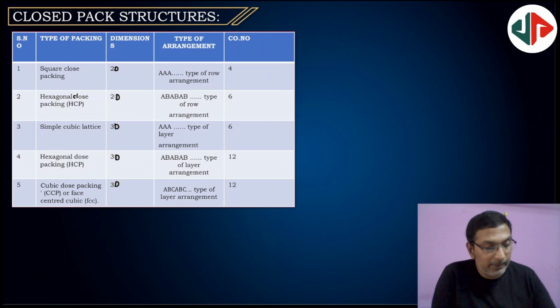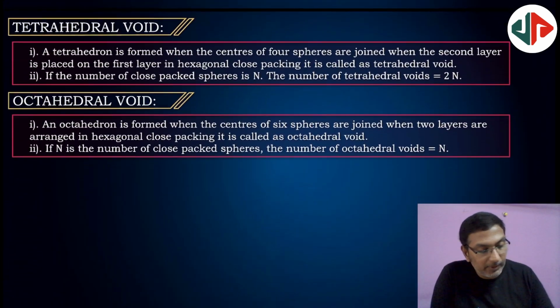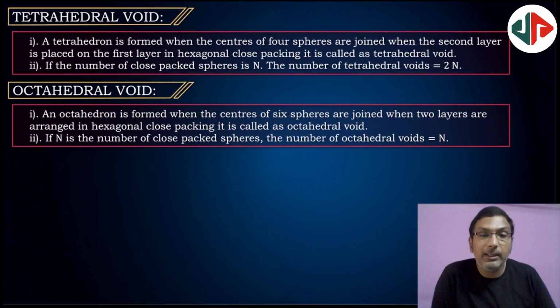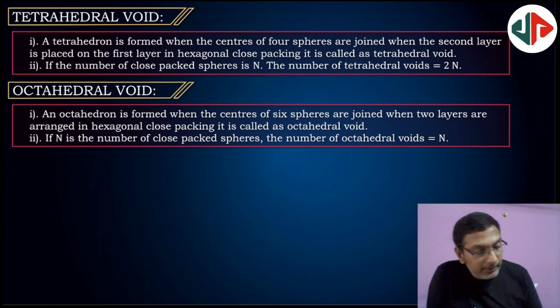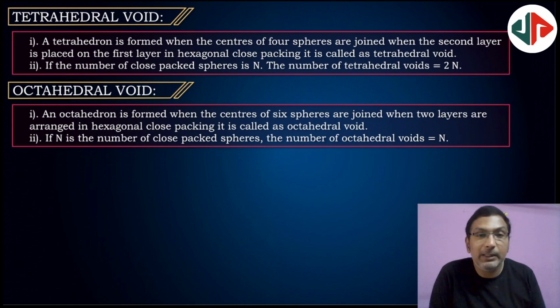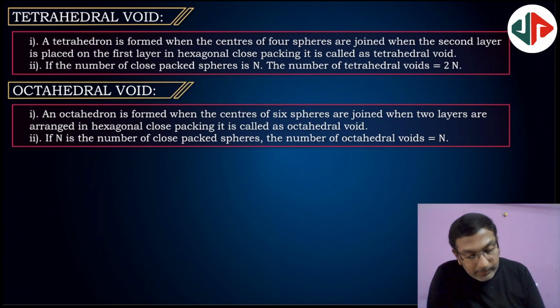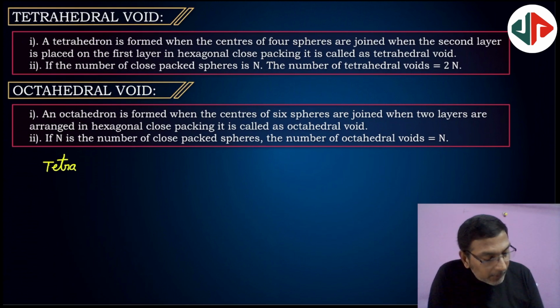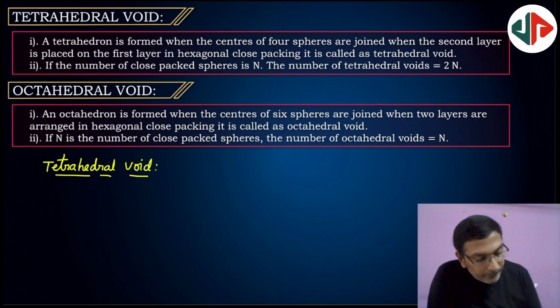Next, tetrahedral void and octahedral void. For the formation of tetrahedral void, 4 atoms are required. So I will write here tetrahedral void, and here octahedral void.